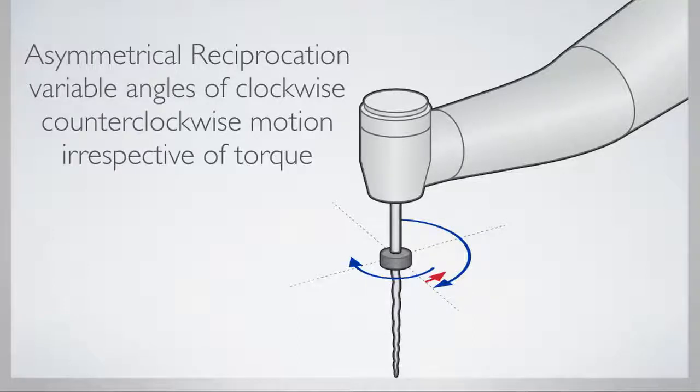Now, what I want to do is focus more on the reciprocation motion and these new instruments, and how we could optimize our knowledge of the things I mentioned in terms of the motion, the number of strokes, the crown down, and using more than just a single file.